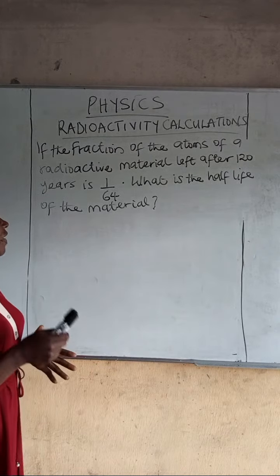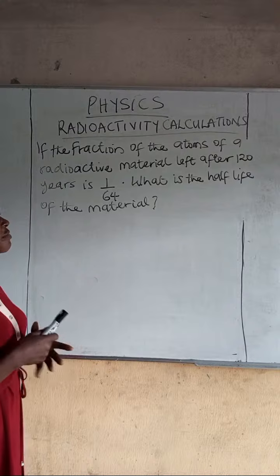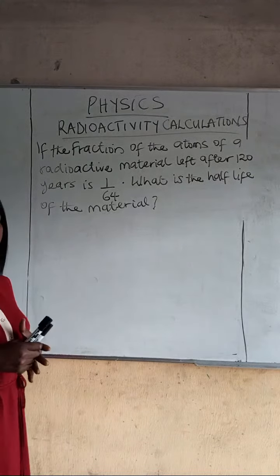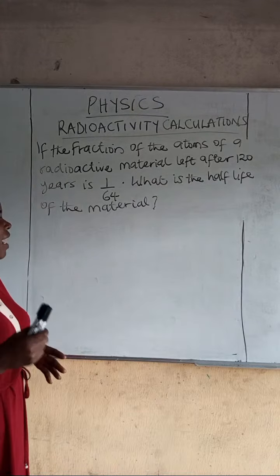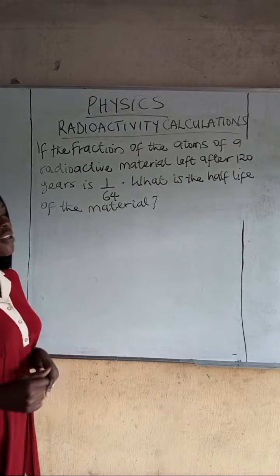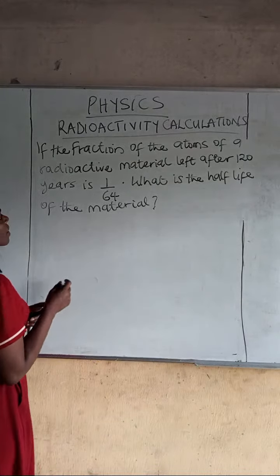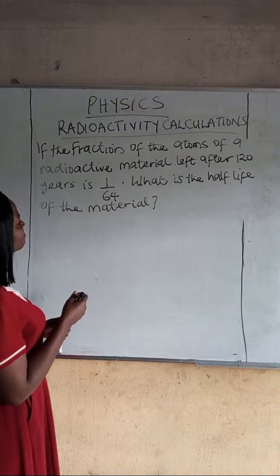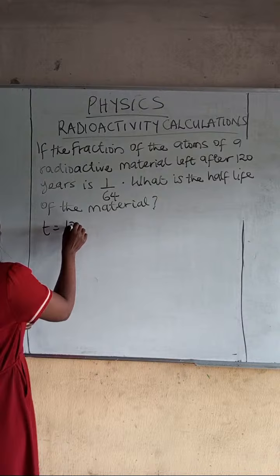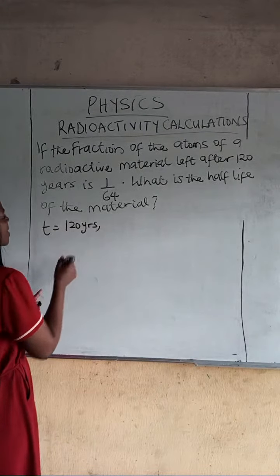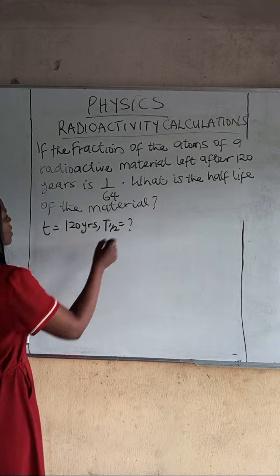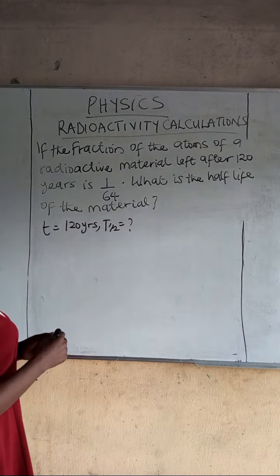If the fraction of the atoms of a radioactive material left after 120 years is 1/64, okay? What is the half-life of the material? Okay? So, for us to solve this problem, you should know that the time given is 120 years, and half-life, which is T half, is what we are looking for, right?